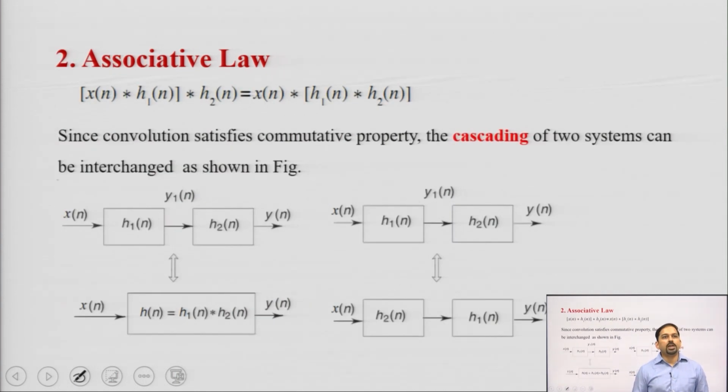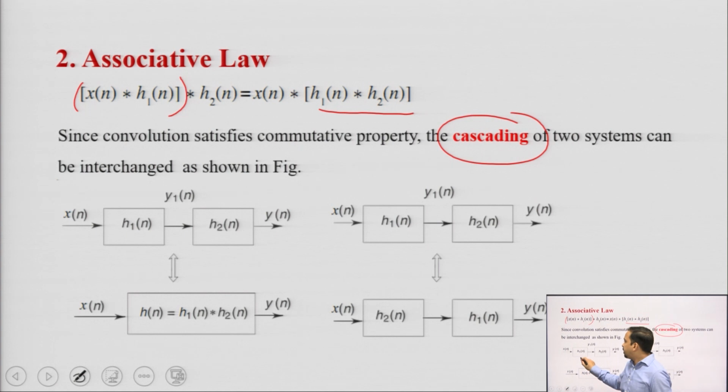Next is the associative law. It says that if x of n is convolved with h1 of n, and we further perform the convolution with h2 of n, we can instead start with the convolution of h1 and h2, and whatever the result is, we further convolve it with x of n. This is called the cascading of two stages.